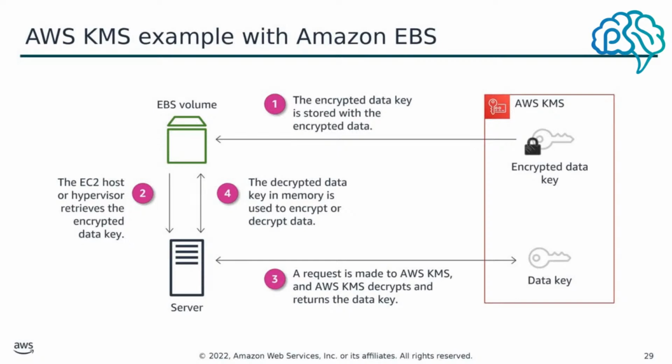If we look at block storage, this would be a good, straightforward example, where Amazon EBS would obtain an encrypted data key. The service that is running the EC2 instances would then retrieve the encrypted data key. A call is then made to the KMS service, and then finally the decrypted data key is stored in memory and is used to encrypt and decrypt all the data going to and from the EBS volume.